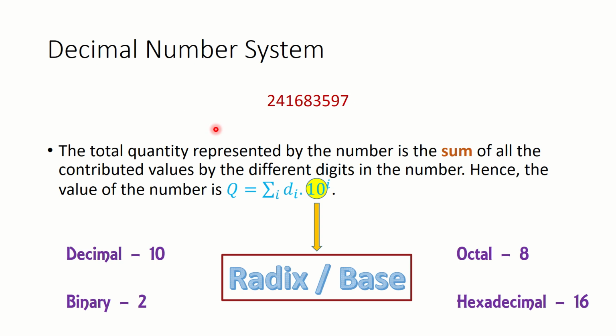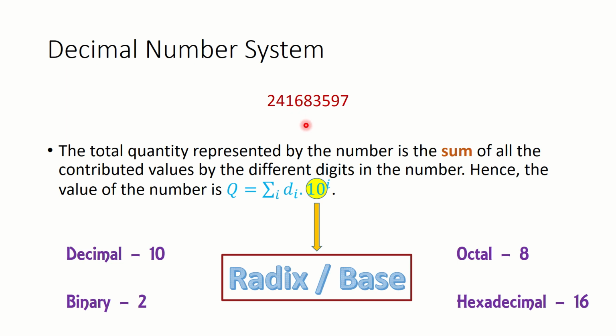This is also called positional number systems. The modern number systems are referred to as positional number systems because of this mode of representation, where the digits are placed at specific positions in order to encode a quantity or a value.